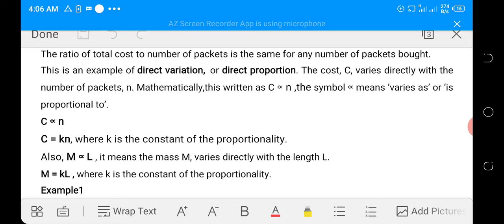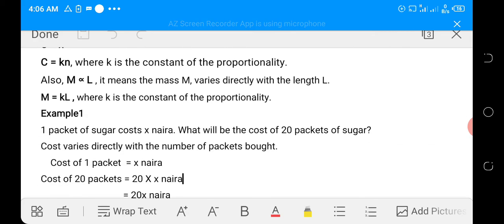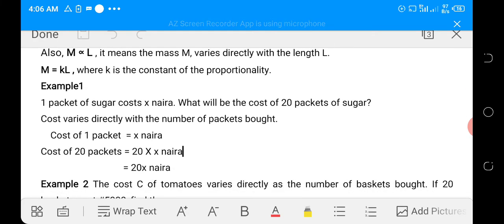C varies as N. And when the variation sign is changed to is equal to, there will always be a constant K, which is the constant of proportionality. And when we want to solve, the values of the two quantities will be given, we substitute them to get the value of K. Then we proceed with whatever questions they ask us to do.